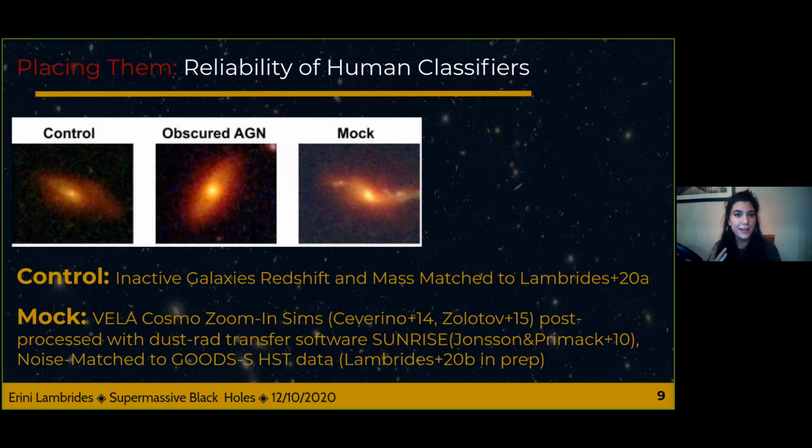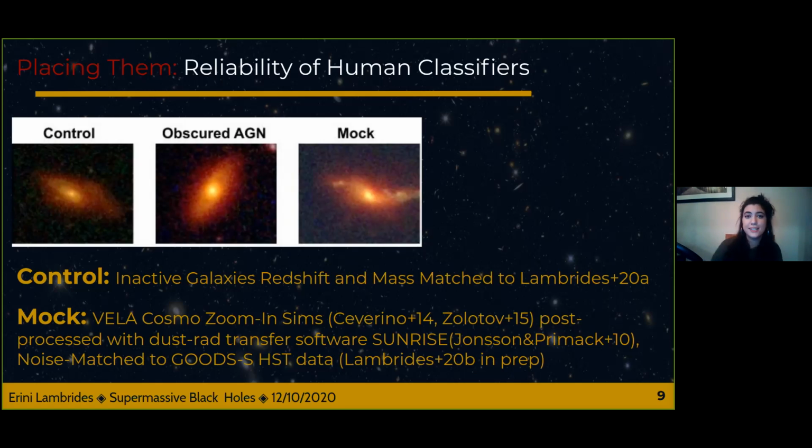So when morphological studies are looking at galaxies at these redshifts, automated methods usually are quite difficult to use, especially since they may come with their own bias and systematics that you might not want to include for these higher redshift, very faint objects. So human classifiers are used very commonly in the field.